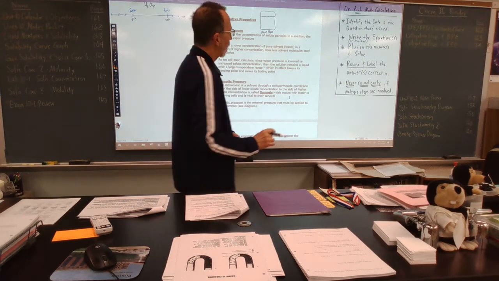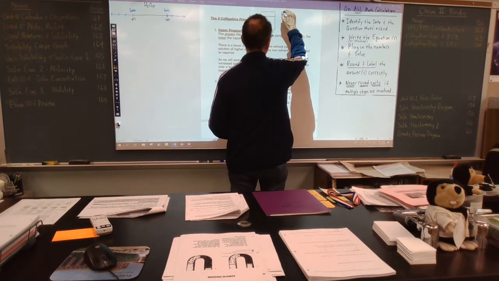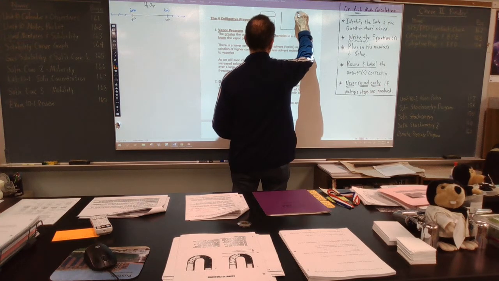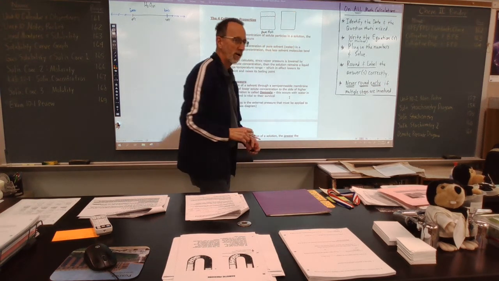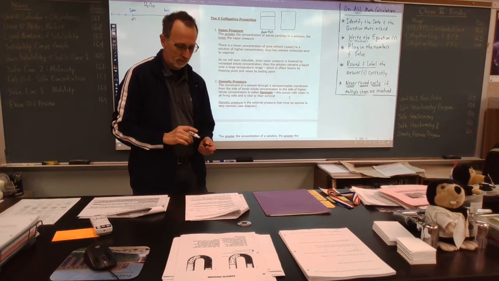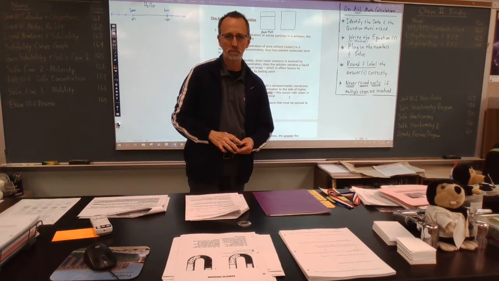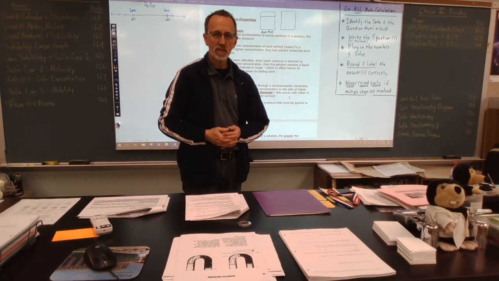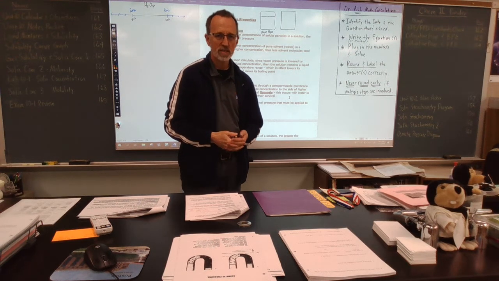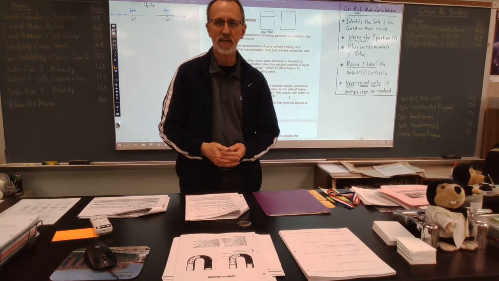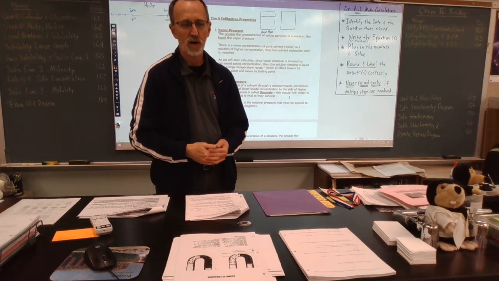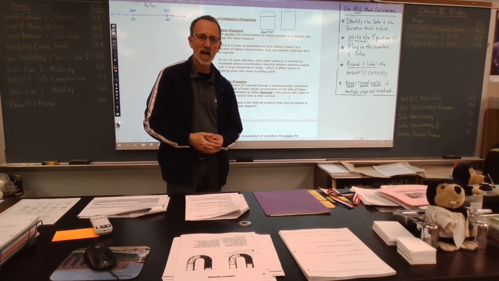Now, if we add a solid to water and make a solution, but we don't add much solid, remember, a dilute solution we commonly call weak. So think about a weak glass of tea you've had, or a weak cup of coffee. There's not a lot of solute in it.